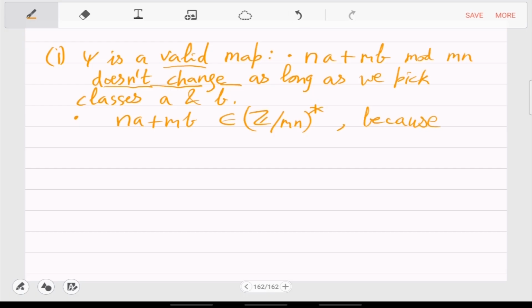maybe we have to do this by contradiction. We have to properly prove this.